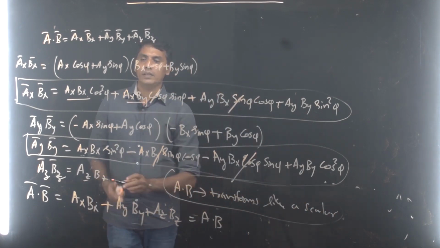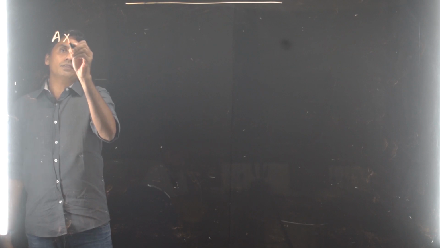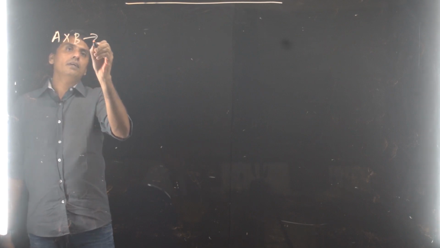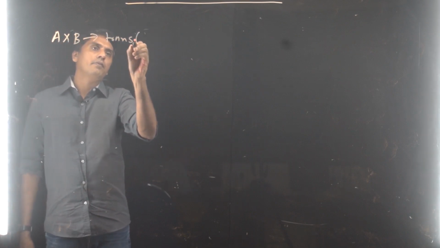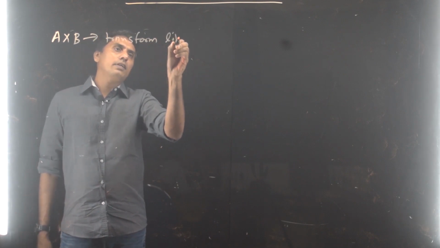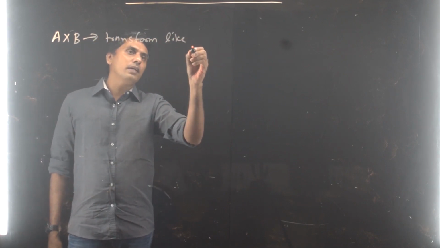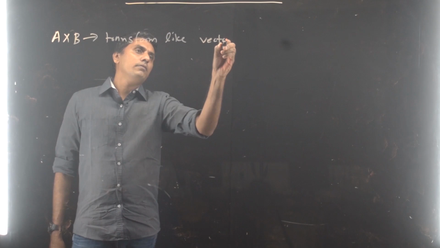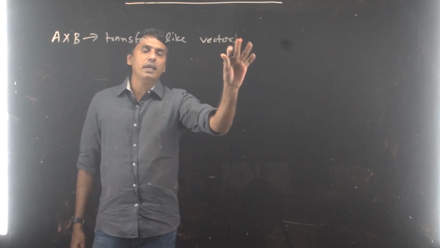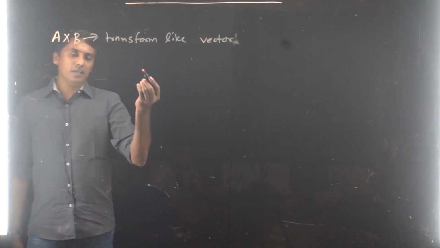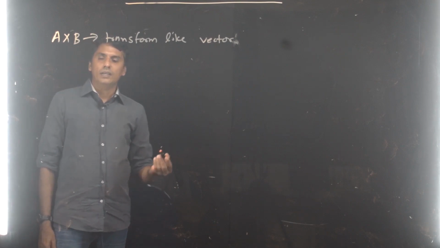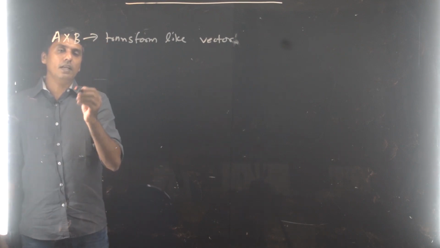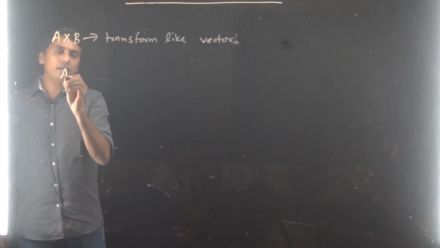As an extension to the previous example, I ask you to show that A cross B transforms like a vector. I leave it as an exercise for you.